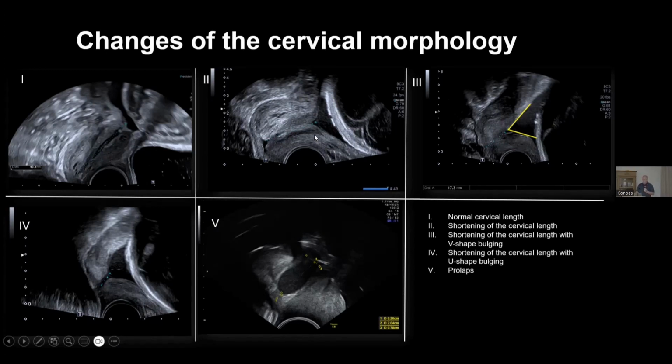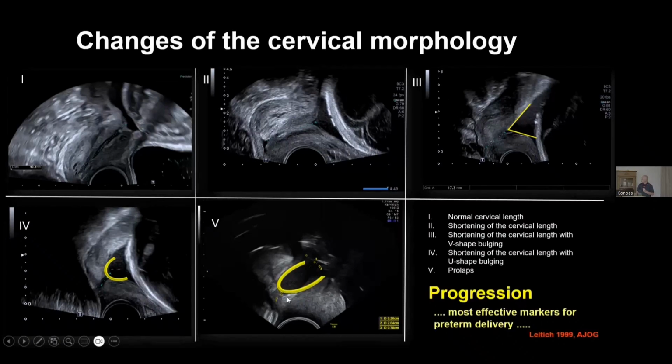We have a shortening cervix. We can see a triangle, and with progression of this cervical insufficiency, we can see that at first it shortens, but it could also make a U shape. And on the other hand, we have a prolapse, which is very high risk for prematurity or for getting a birth as soon as possible.